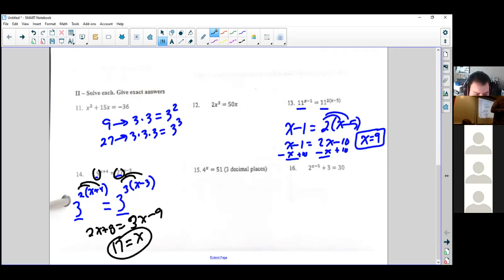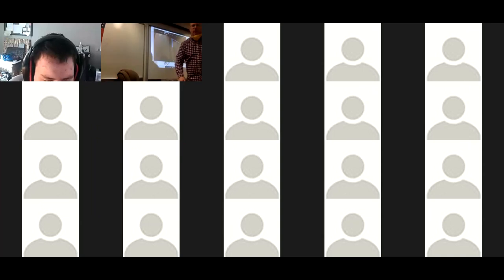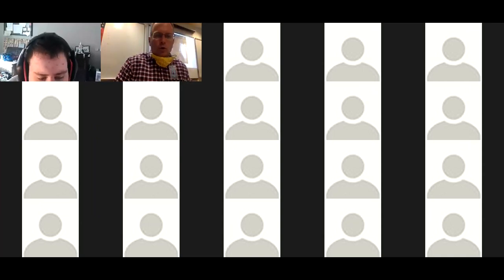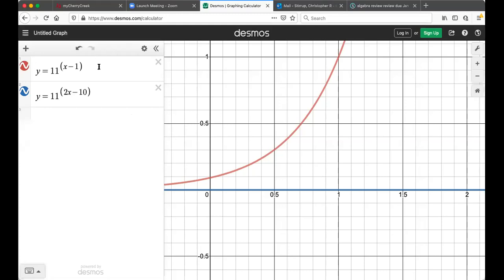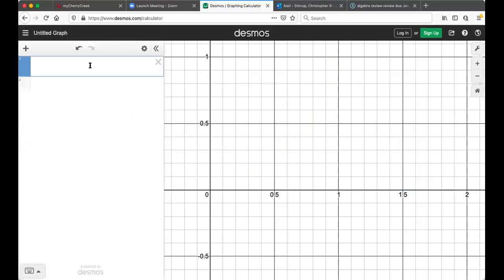And then number 15, we'll go back to Desmos. 15 will work out nicely on Desmos. Share screen. All right, so on Desmos for 15, I'm going to get rid of both of those. y equals the left side, which is 4 raised to the x.